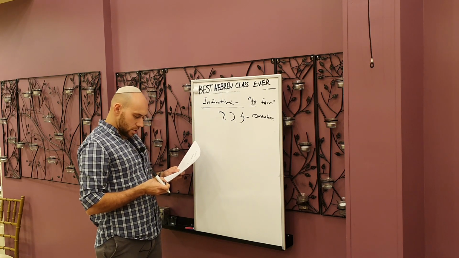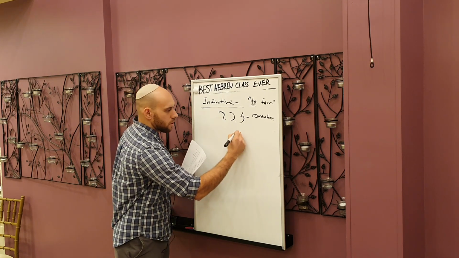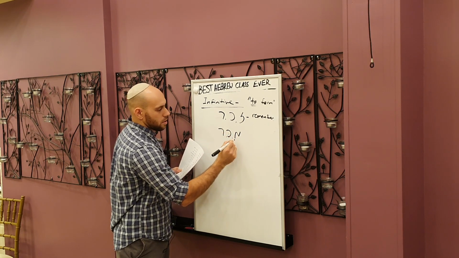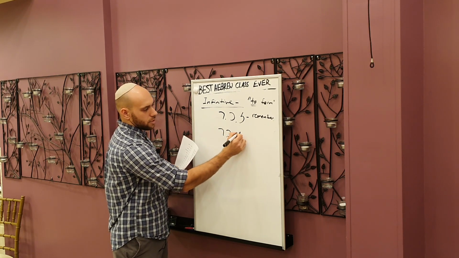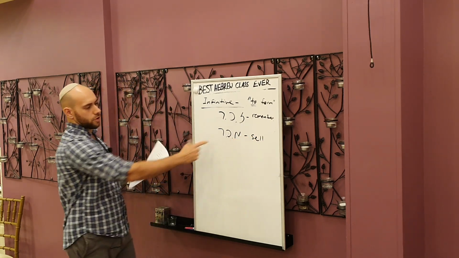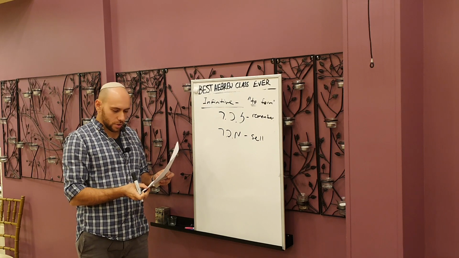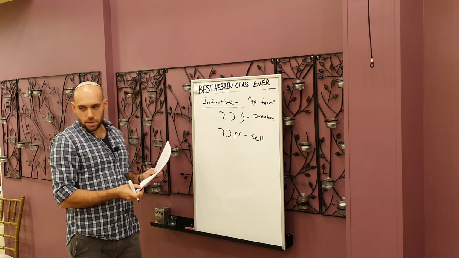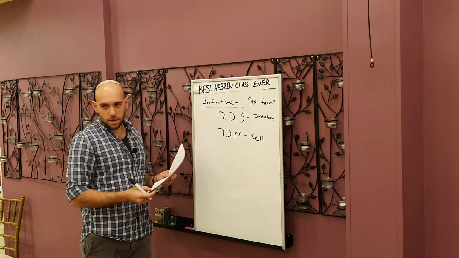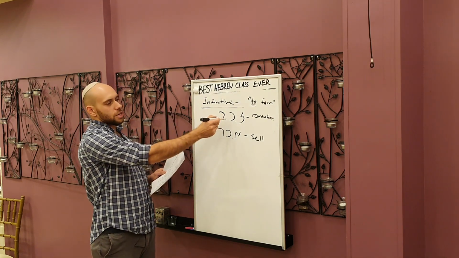Alright, let's do this one. To sell. This is a kaf, okay? Kaf, resh. Okay, how would you do that one? Thinking of the infinitive, to sell.